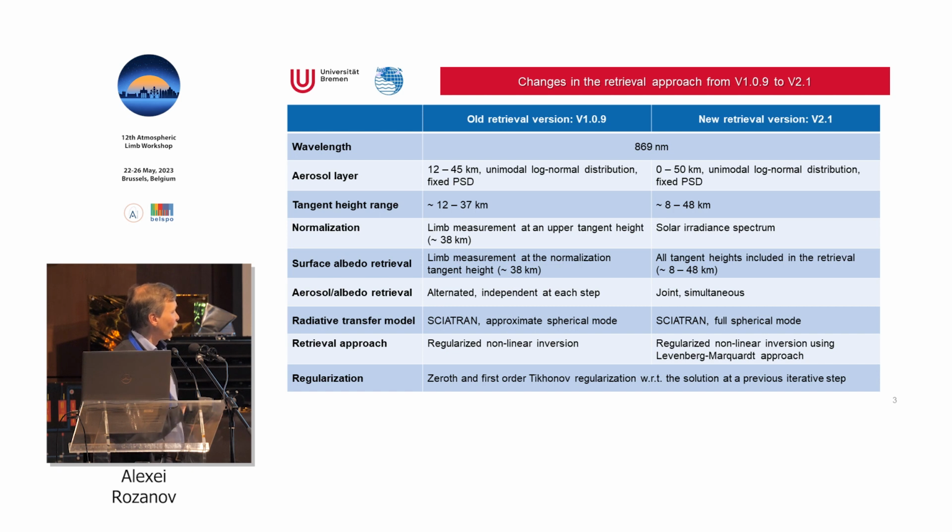As I said before, it was just an alternating retrieval, albedo and aerosol. Now it's a joint retrieval. And before, it was sufficient to use the approximate spherical mode of SCIATRAN, which is quite fast. Now we unfortunately have to use the full spherical solution, which is really slow.